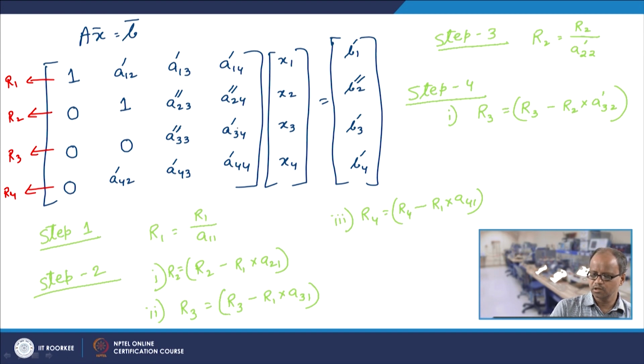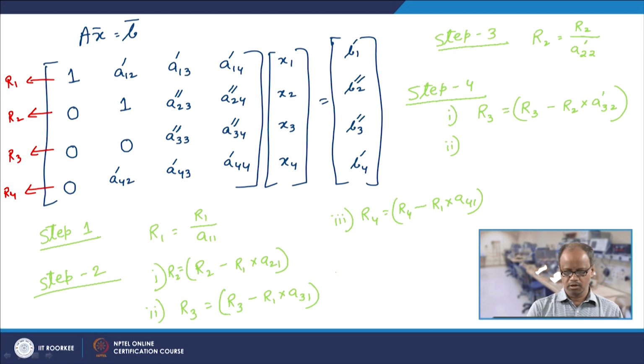This will also change from A34 dash to A34 dash minus A24 double dash into A32 dash, so it becomes A34 double dash. And this one will change from B3 dash to B3 dash minus B2 double dash into A32 dash, so this also becomes B3 double dash.